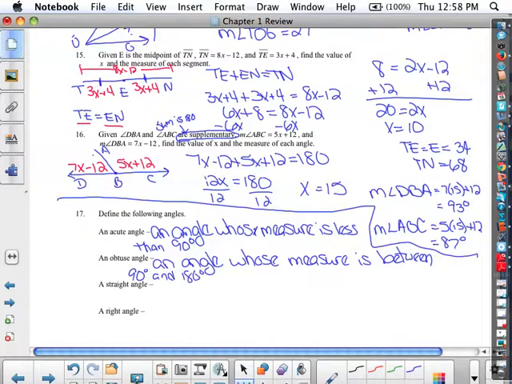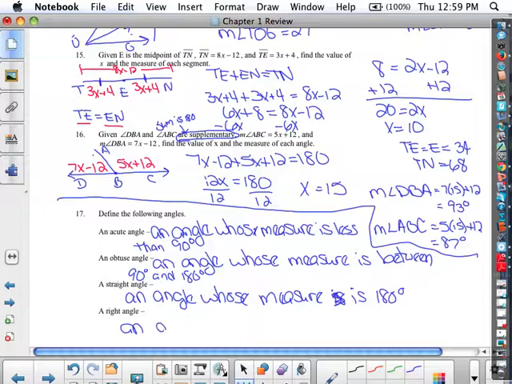A straight angle is an angle whose measure is 180 degrees. And finally, a right angle is an angle whose measure is 90 degrees.